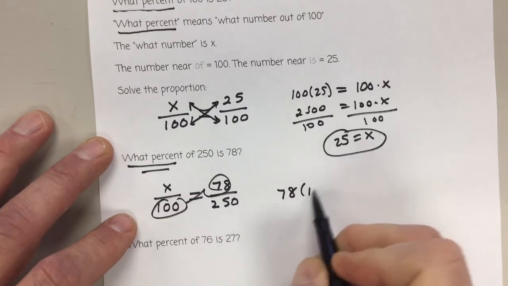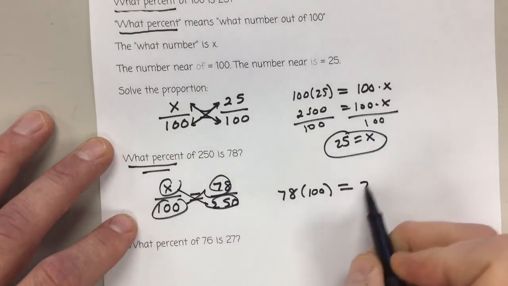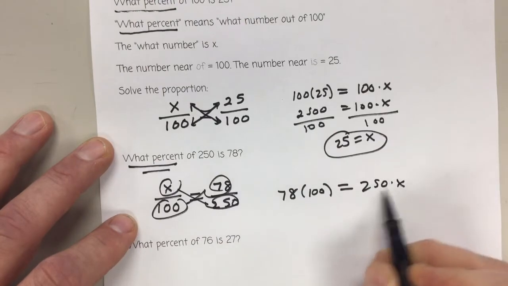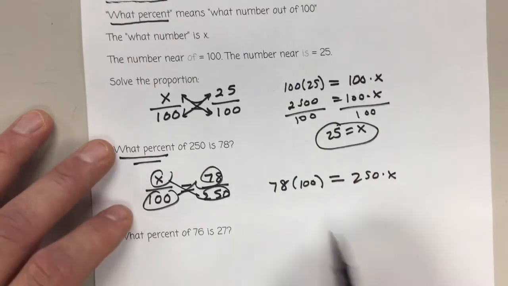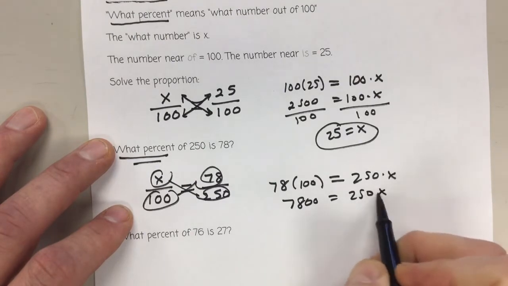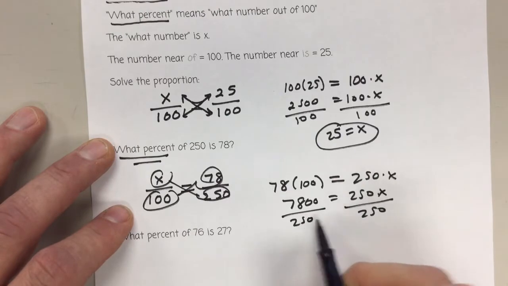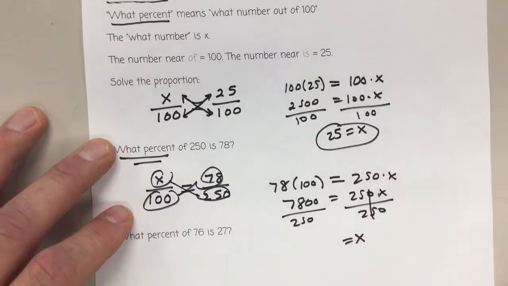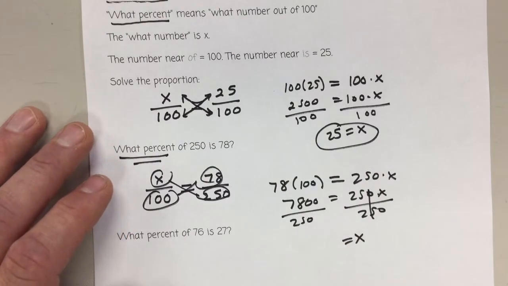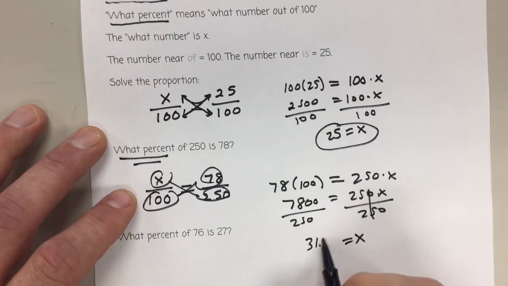So 78 times 100 should equal x times 250. And we usually write the 250 first. So 78 times 100 is 7,800. You can use your calculator for that. And then we divide both sides by 250. So 7,800 divided by 250 equals 31.2.